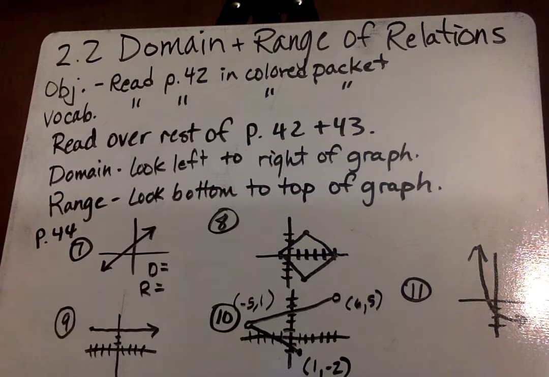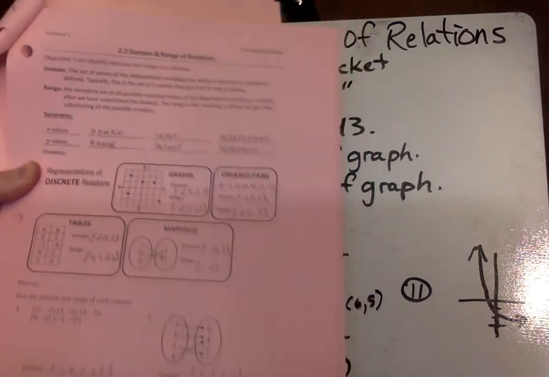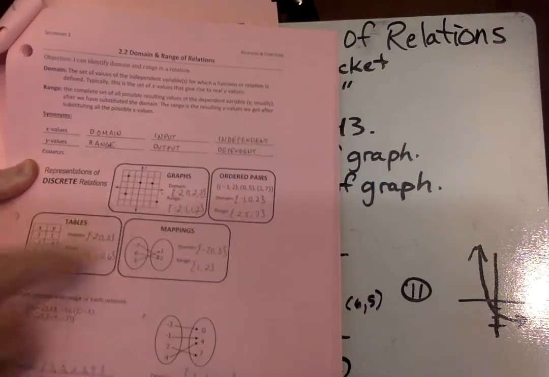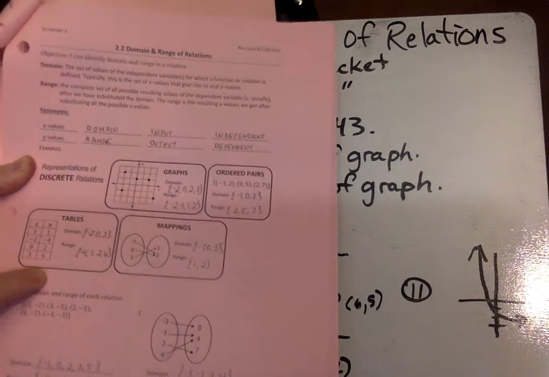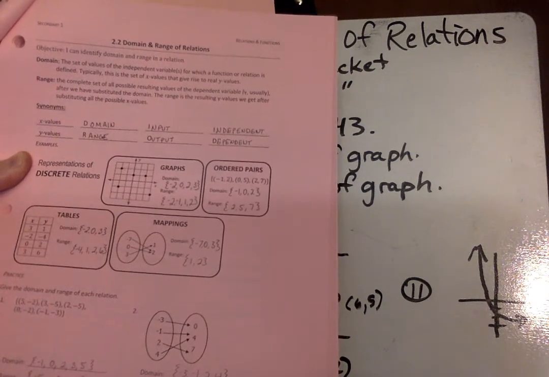So I was reading on page 42 in your colored packet. You can kind of look over that and see the different types of discrete relations here. They can be graphs, ordered pairs, tables, and mappings.